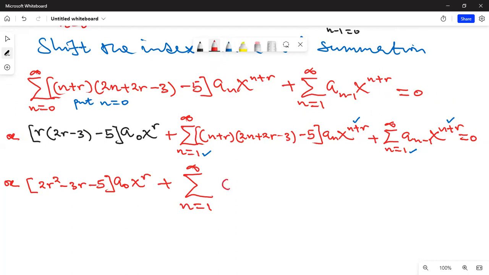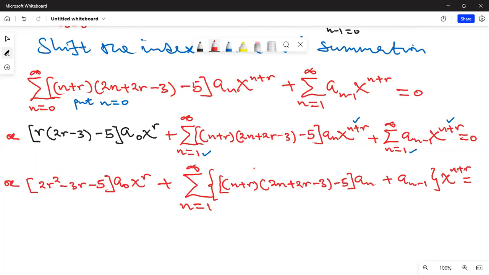So here the first one is n plus r, that is 2n plus 2r, 2n plus 2r minus 3 minus 5. They should multiply an plus the other one is an minus 1 times x raised to n plus r is equal to 0. So that's what we have.